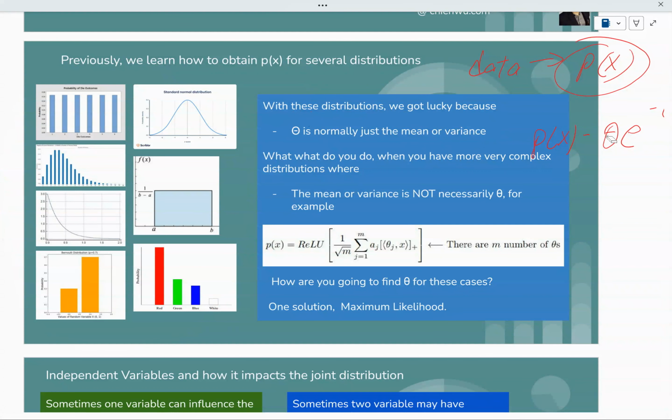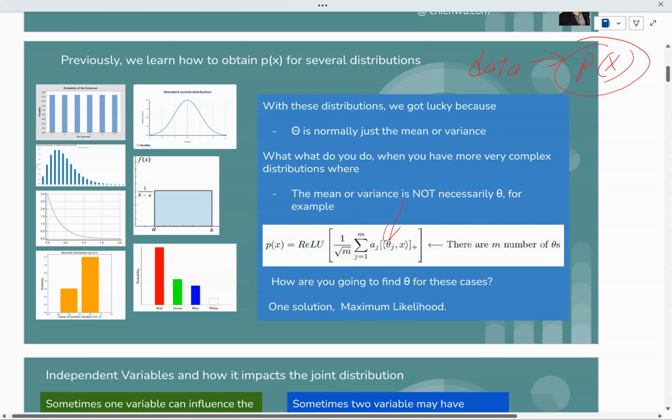Okay? Well, that's great for simple probabilistic equations. What if we have something that's much more complicated? Well, when it gets a lot more complicated, finding theta becomes very difficult, because you can't just know what theta is.